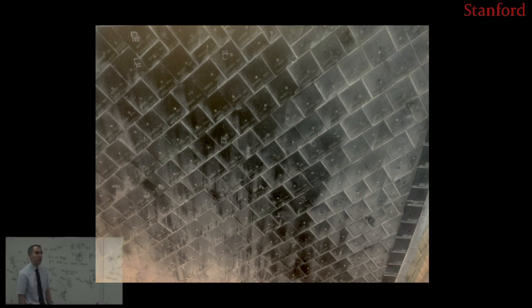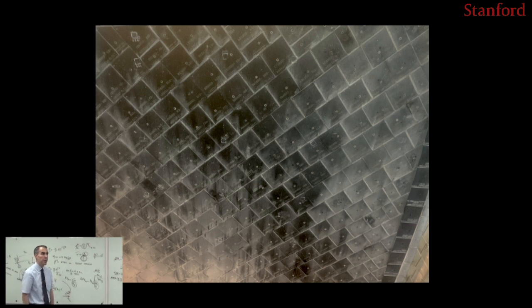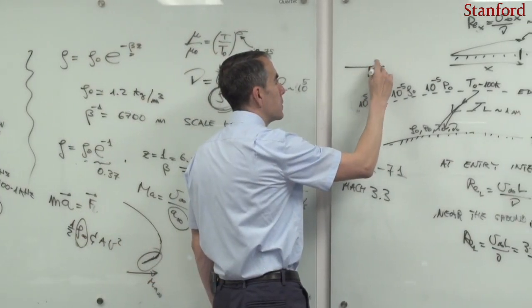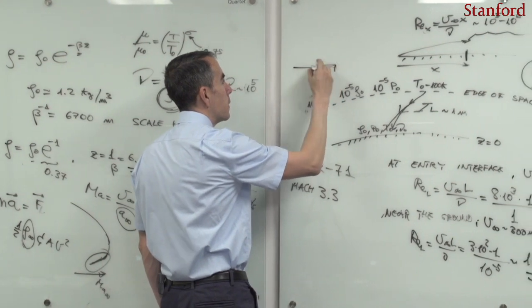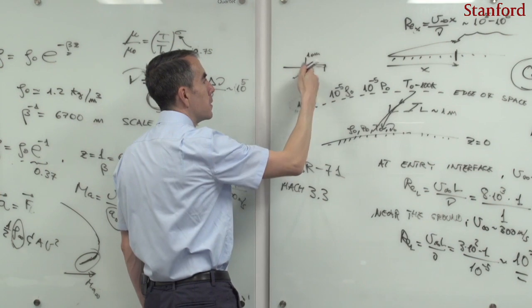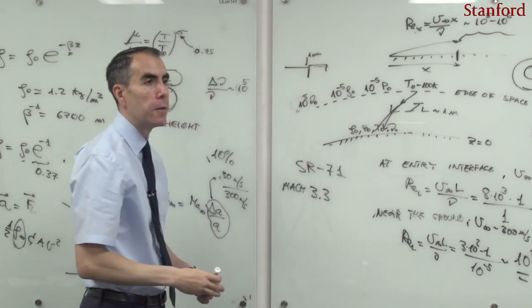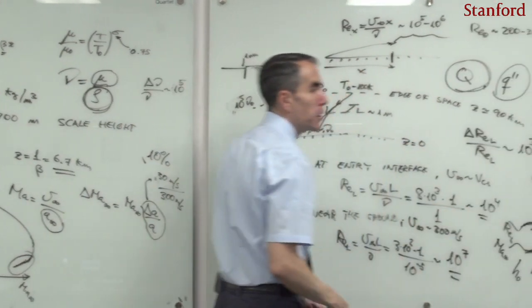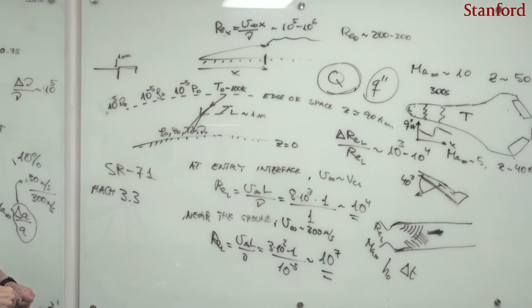So these tiles had to be pasted manually, and actually a little bit of imbalance or a lack of flush between these tiles, even by just 1 millimeter, would cause a disturbance that could lead to transition. And that actually was the process that triggered transition in the real flight of the space shuttle.